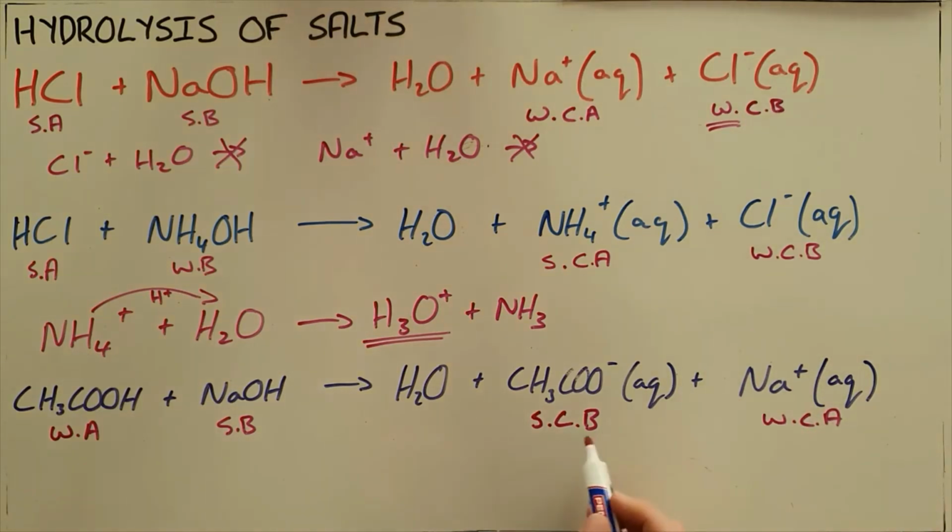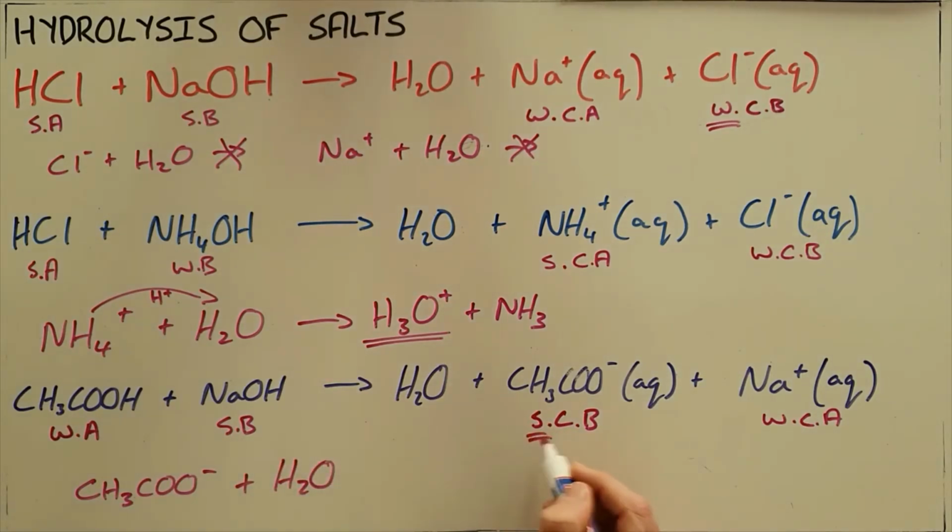So the only new substance here is this one over here, and we are going to see that it is able to undergo hydrolysis with water, once again because it is a strong conjugate base.